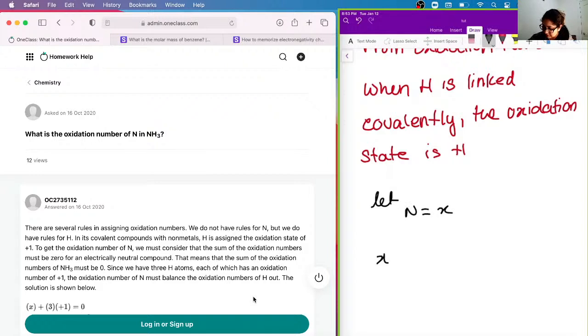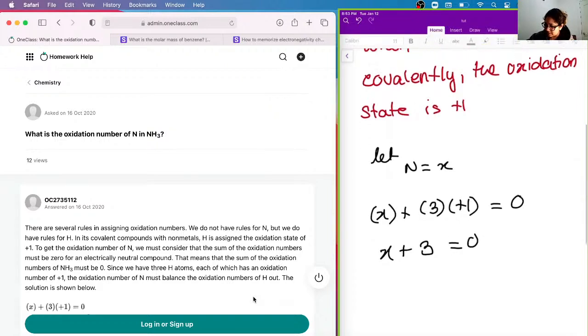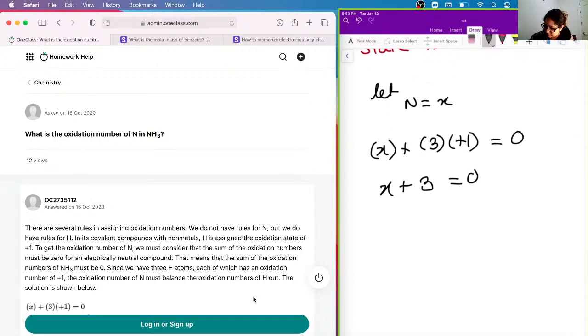So we have x plus, nitrogen plus hydrogen. In this case, we have 3 hydrogens and the oxidation is +1. And it would have to equal 0, right? Since we're balancing out the equation. And so what we have is x plus 3 equal to 0, and we're just solving for x. So the 3 goes to the other side. We have x equal to -3.